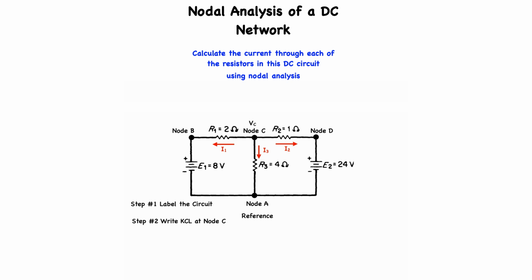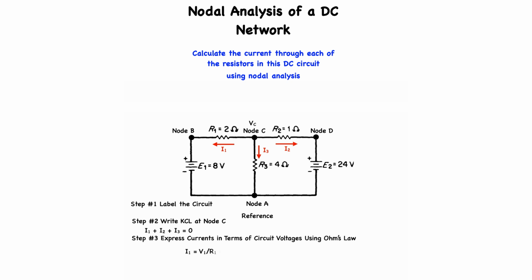Step 2. Write Kirchhoff's current law at node C, which gives us this equation: I1 plus I2 plus I3 equals 0. Step number 3. Express the currents in terms of circuit voltages using Ohm's law.